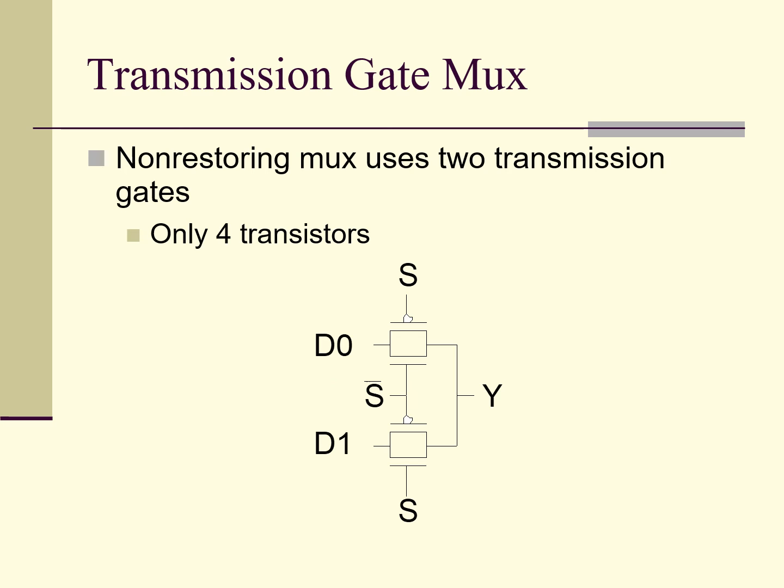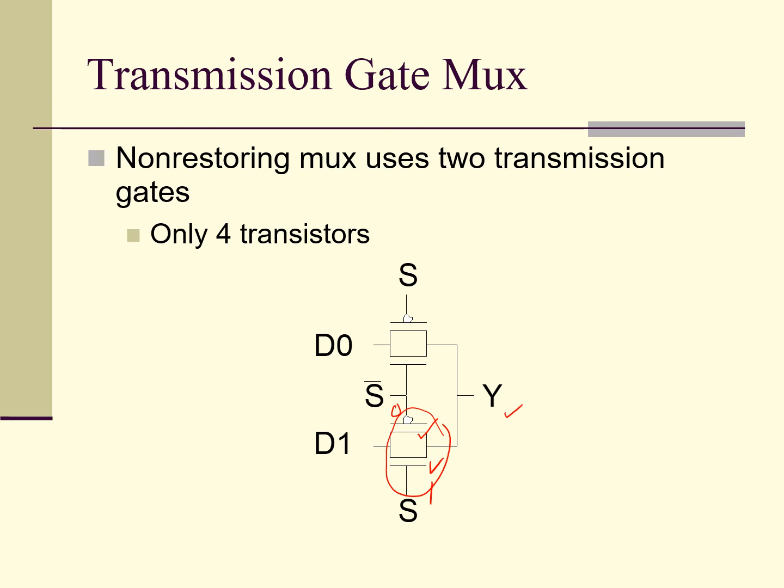So what happens if we have S equal to 1? Then this NMOS will be turned on, and S bar here will be 0, which will be supplied here, and the PMOS will be turned on. Then the transmission gate of this part will be on.